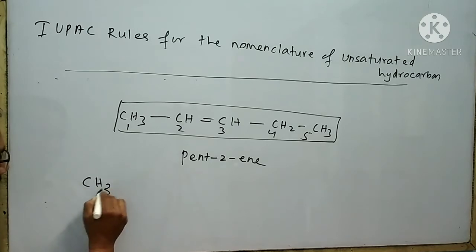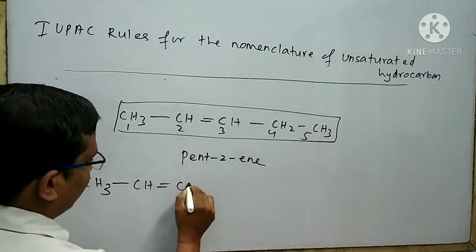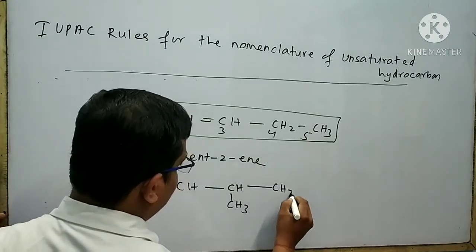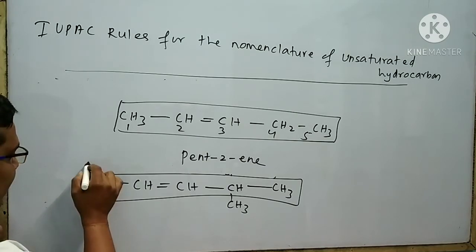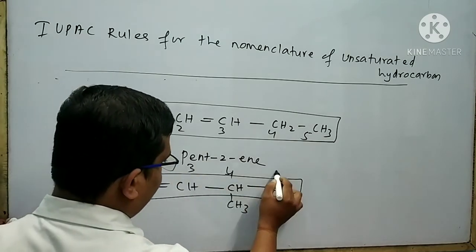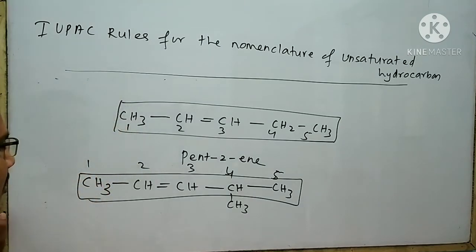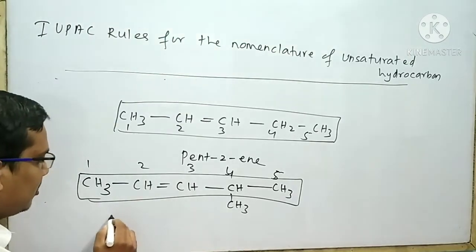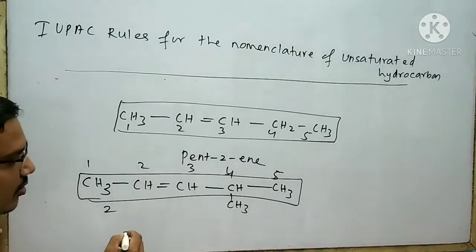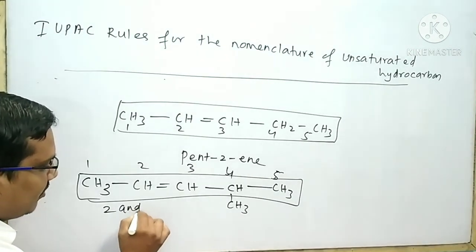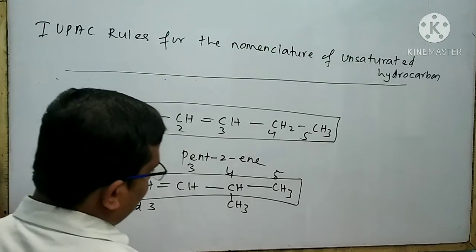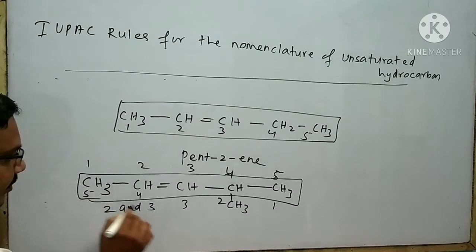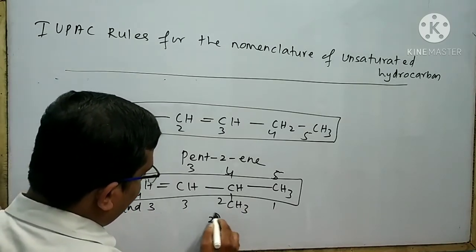Take another example: CH3 bond CH, double bond CH, bond CH, bond CH3, bond CH3. If I start the numbering like this: 1, 2, 3, 4, 5, then the double bond is present in between 2 carbon atoms. One carbon atom is considered the 2 number carbon, another is considered the 3 number carbon atom. If I start the numbering from the other end, then the side chain is present at the 2 number carbon atom.